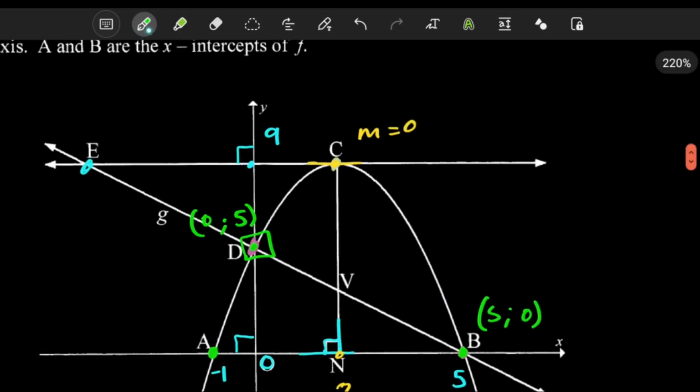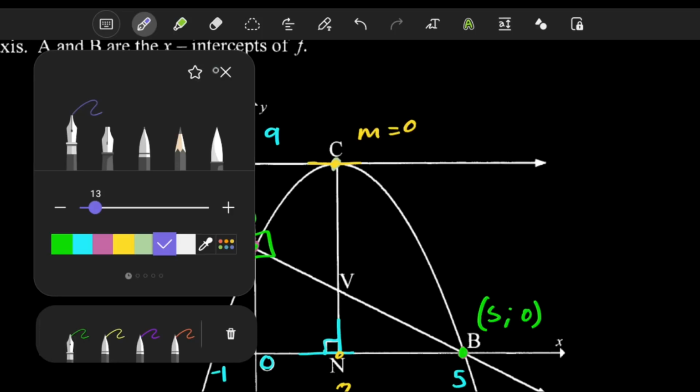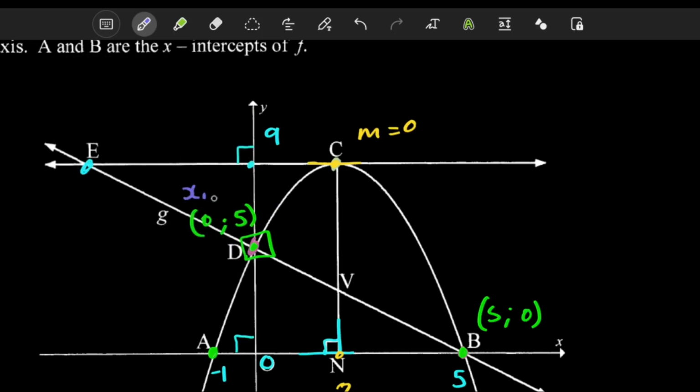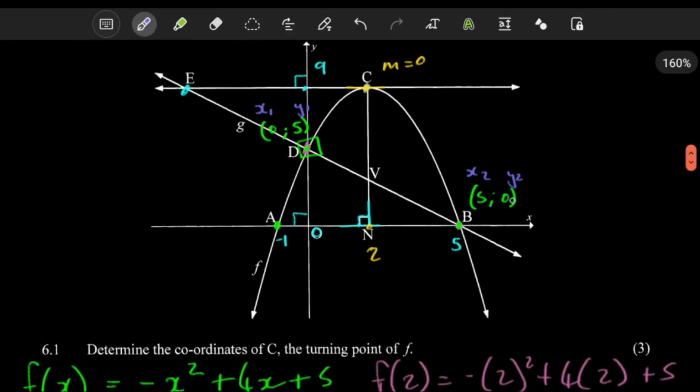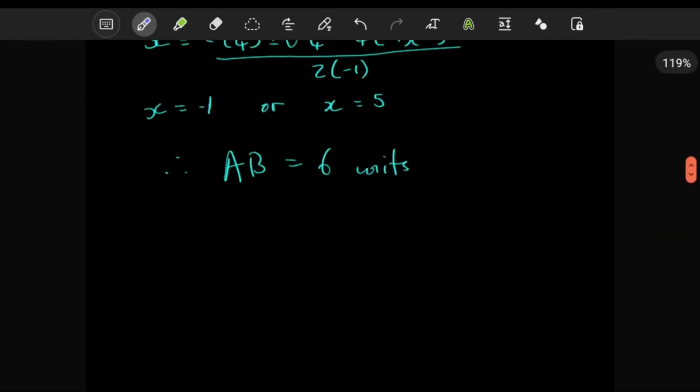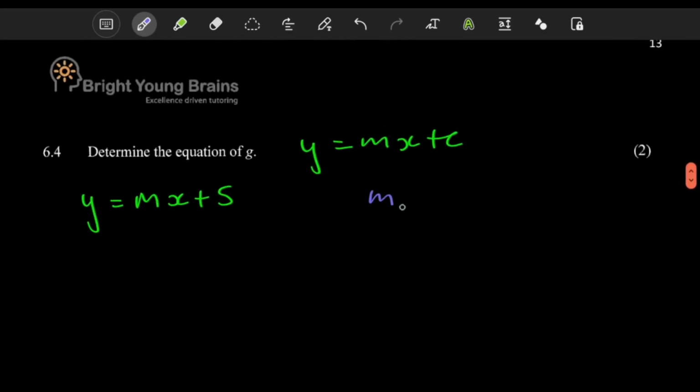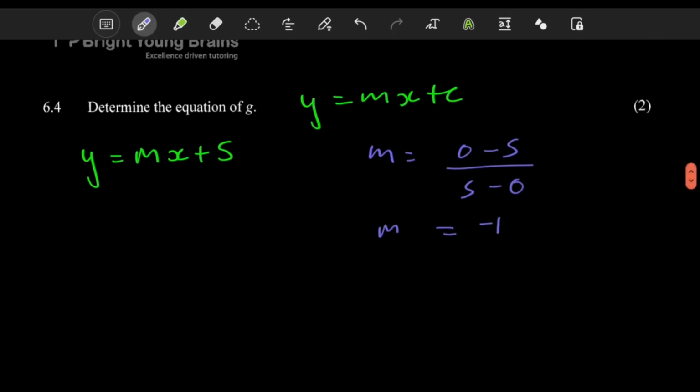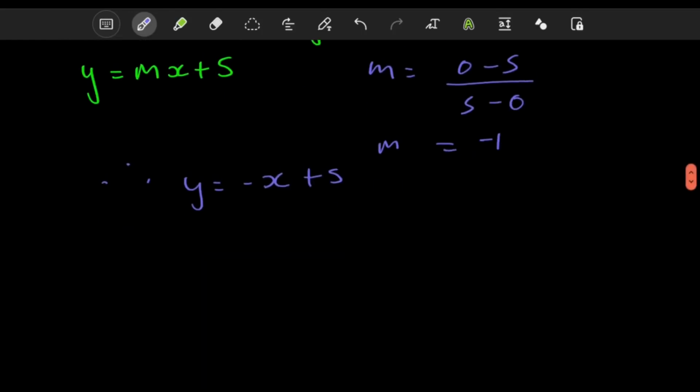So you can label this x1 y1, x2 y2. This is going to be 0 minus 5 and then 5 minus 0, the gradient. The gradient here is just a -1. And then here you can say, therefore y is equal to -x plus 5. Whew, there we go. Fantastic. Very nice, very nice.